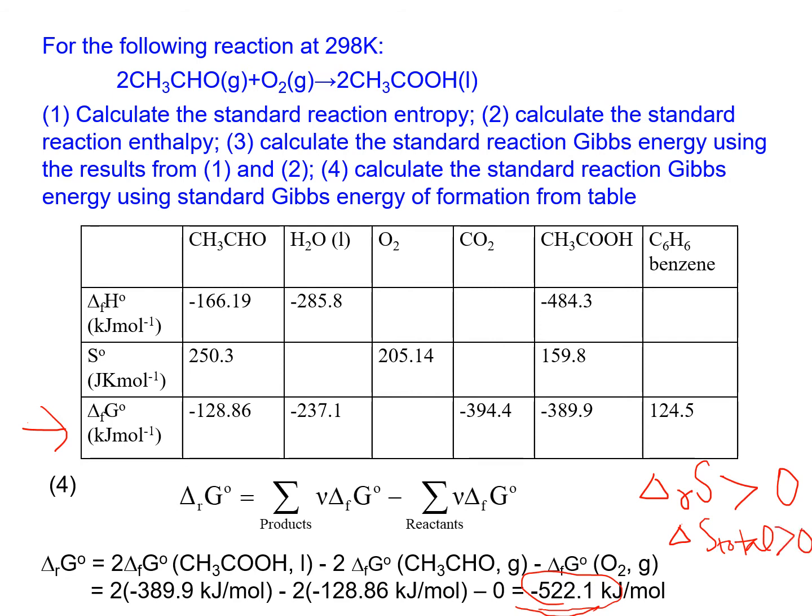And therefore, the reaction entropy is not enough. You need to know the surrounding. Here, if you use Gibbs energy, then you don't need to think about the system surrounding. It already includes both. So if delta G is less than 0, then reaction must be spontaneous.